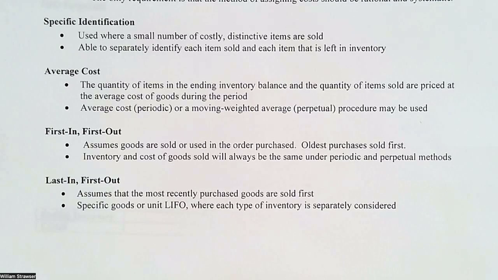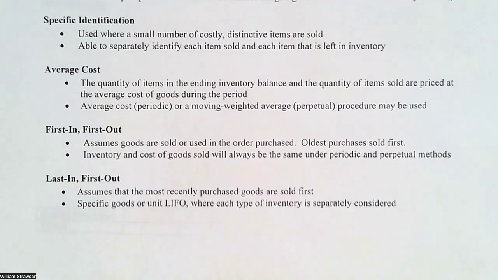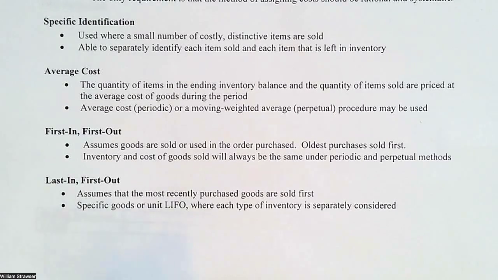In terms of a real life flow of these, you could think of a tech store. The latest iPhone comes out and everyone's going to buy that one. They're typically not going to buy the other one. So they're buying the most recently arrived items.